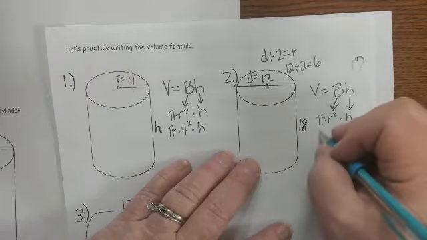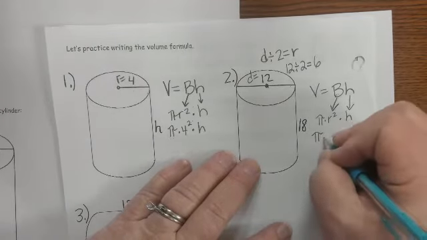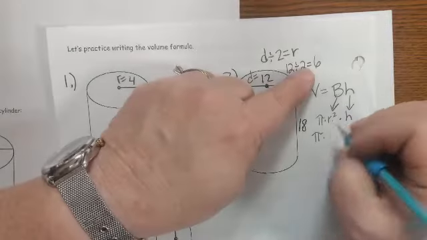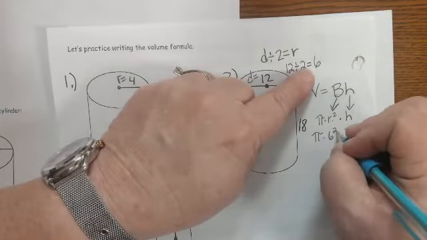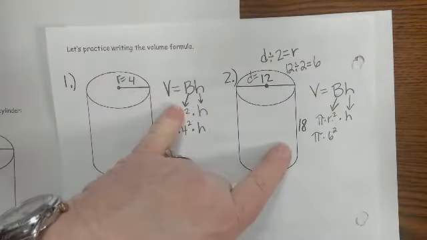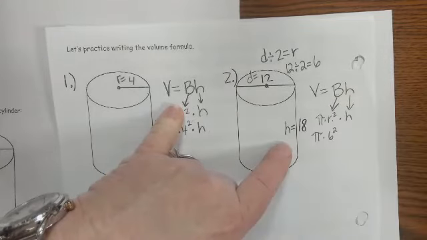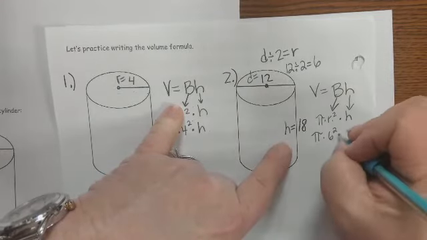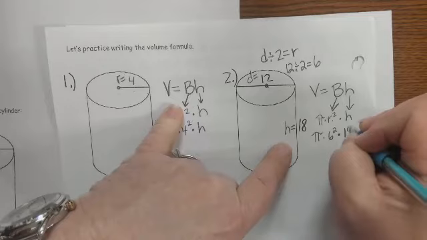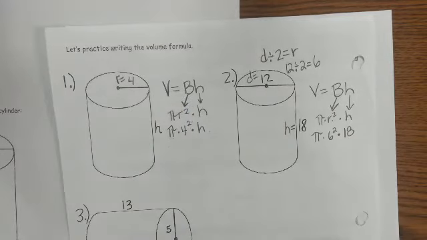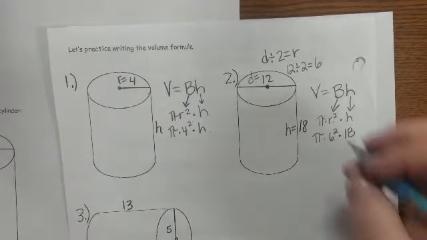I have pi times, what's r squared? Well, my r is 6, isn't it? 6 squared. And I want you to identify it, and I didn't do it. H is equal to 16, so I would multiply that times 18. I'm sorry, 18, not 16. Okay? And there is your formula.